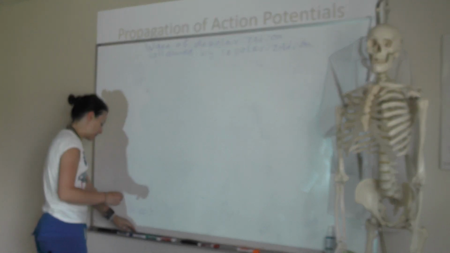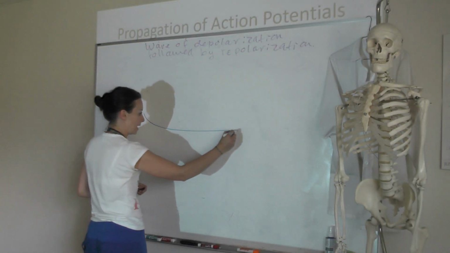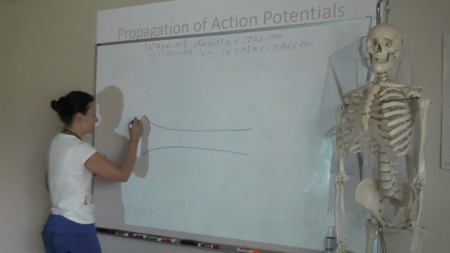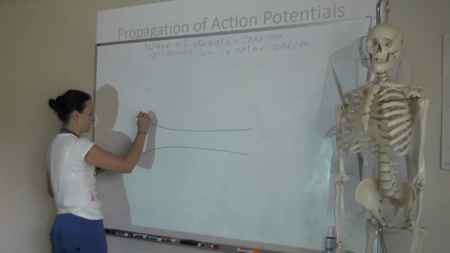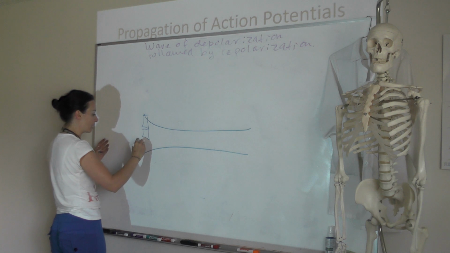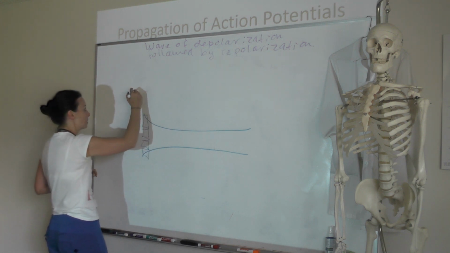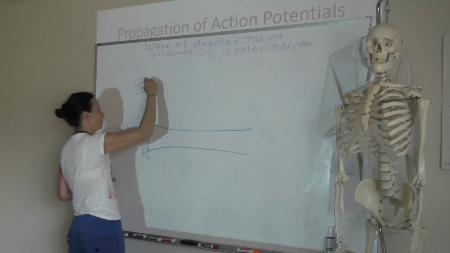So now let's zoom into an axon. Our axon hillock is going to be the enlarged region that we have here, and it's bigger, so it has more voltage-gated sodium channels, but it also has a higher proportion of voltage-gated sodium channels. Here in blue, I'm going to have my voltage-gated sodium channels.